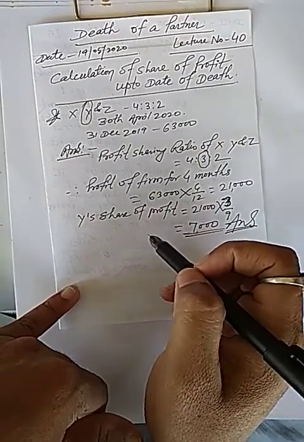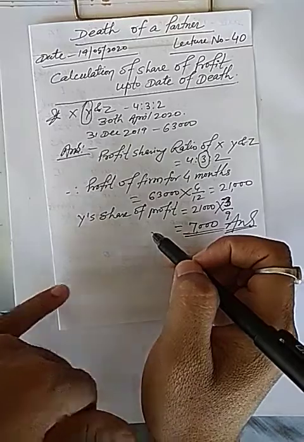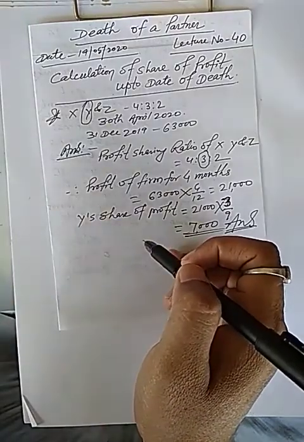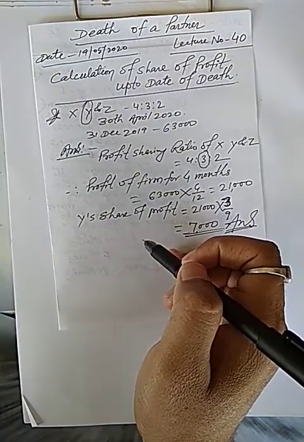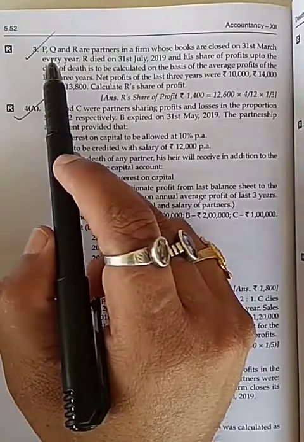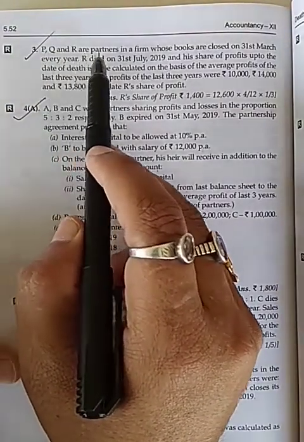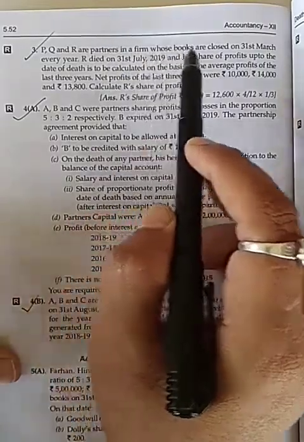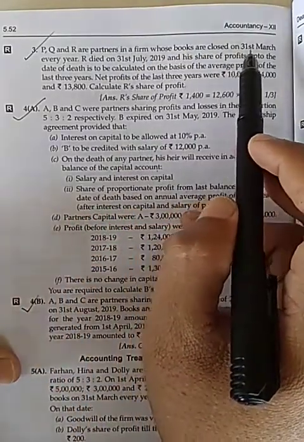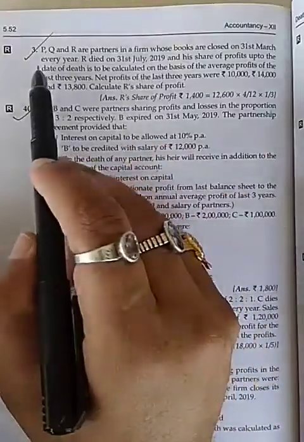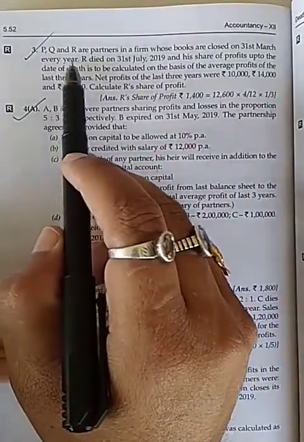Now you can see some other problem. P, Q and R are partners in a firm whose books are closed on 31st March every year.